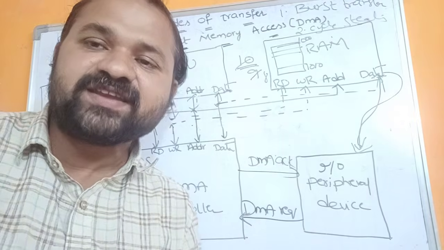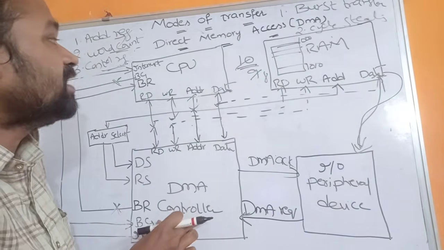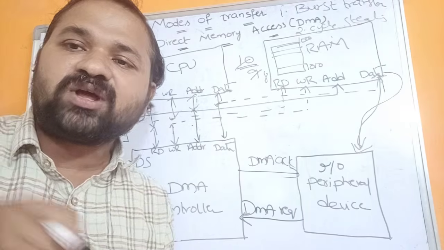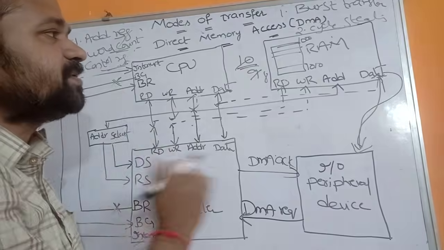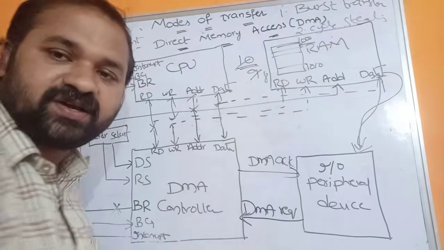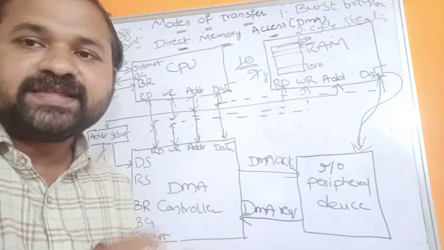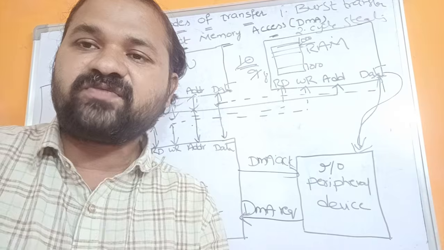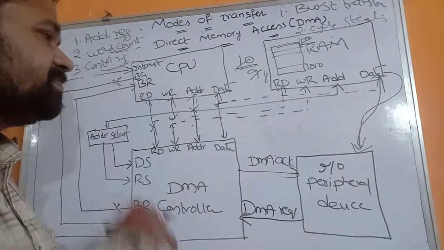Then, for transferring the next word, the DMA controller steals the bus from the CPU once again and transfers the second word. Once the second word is transferred, the bus will be with the CPU only. In order to transfer the third word, once again the DMA controller steals the bus from the CPU.